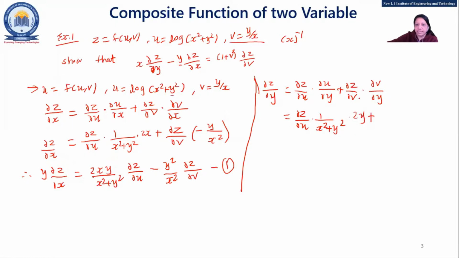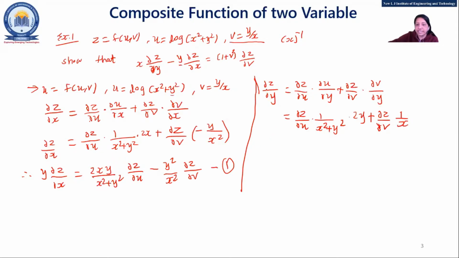Plus del z by del v as it is, and del v by del y. Now y by x with respect to y: y raised to 1, so 1 minus 1 is 0. So it will be 1 by x.